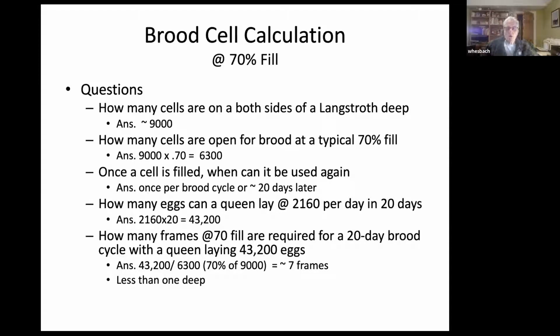All of these calculations were to bring you to this one awareness: at 43,000 eggs in a 20-day period, if you divide that by the number of open cells available on each frame, the entire efforts of a really fecund queen can only lay about 7 frames of your brood box, and that's less than 1 deep.